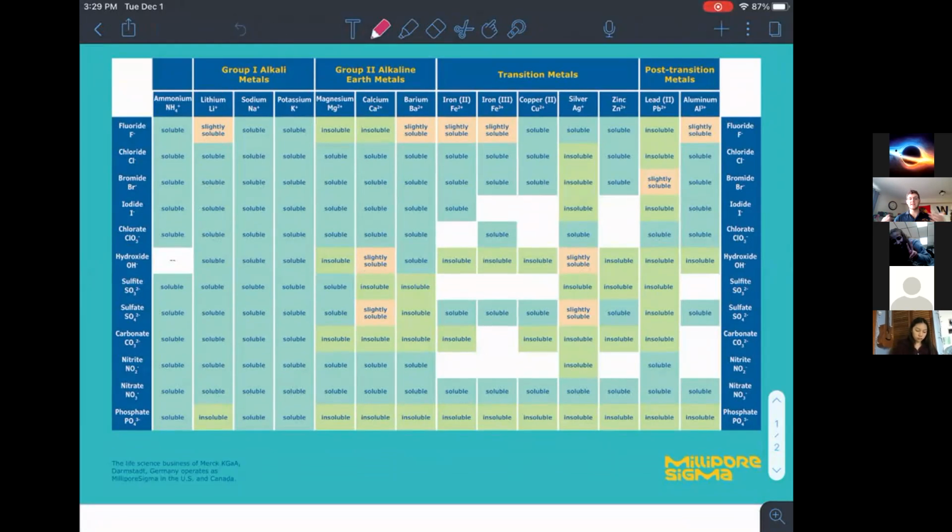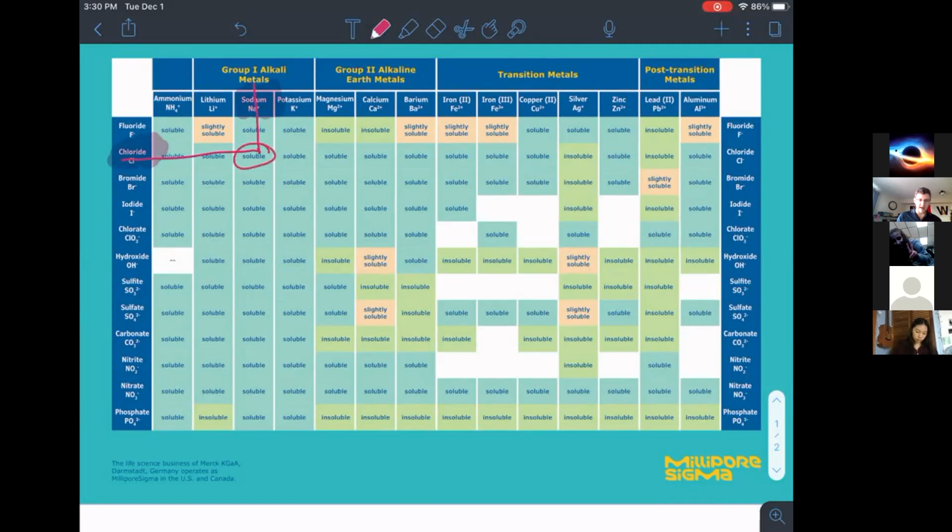It's going to be pretty simple once you look at the chart to determine this. You just have to remember to do it. So we have sodium chloride. So we're going to find sodium, which is right here up at the top. And we're going to find chloride, which is over here. And we're just going to draw our line until we meet up with one another.